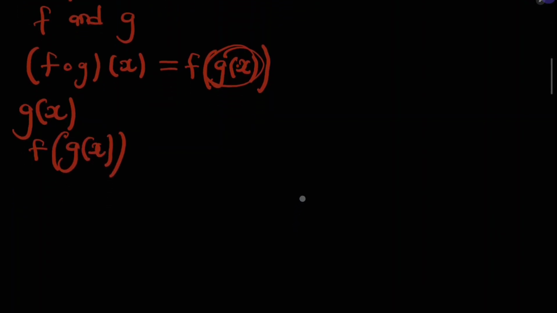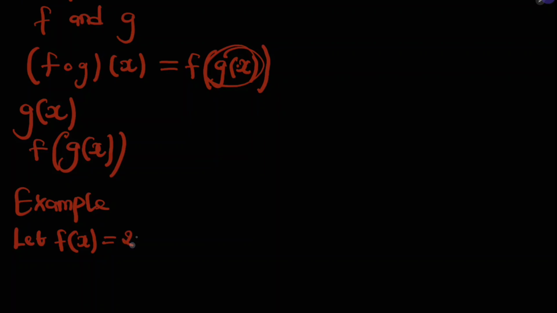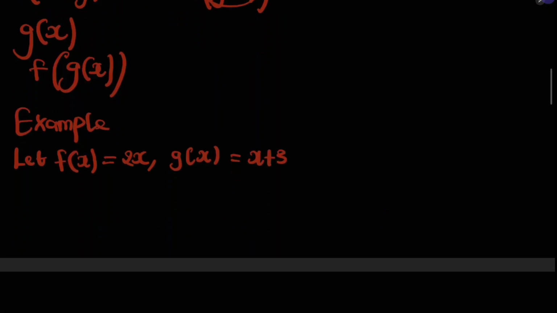Okay, let me give you guys a quick example in order to understand better. Let f of x be equal to 2x, and let g of x equal x plus 3. I'm just giving a very rough example.